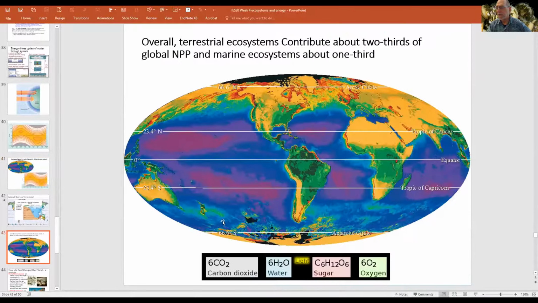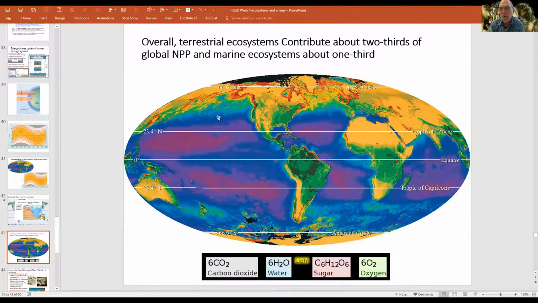I'll point out something else here. Overall, terrestrial ecosystems contribute about 2/3 of the global net primary productivity, and the marine ecosystems contribute about 1/3. But if we look at primary productivity as a source of our oxygen, that's saying that about 2/3 of the net primary productivity would come from land and 1/3 from the oceans.